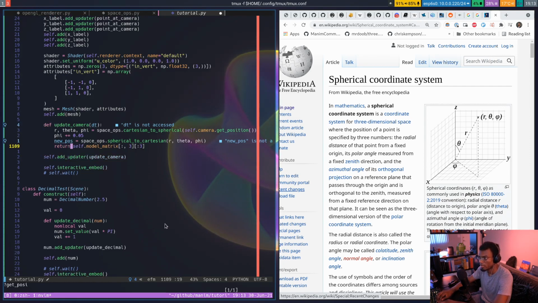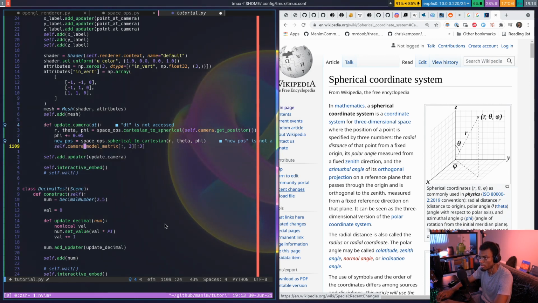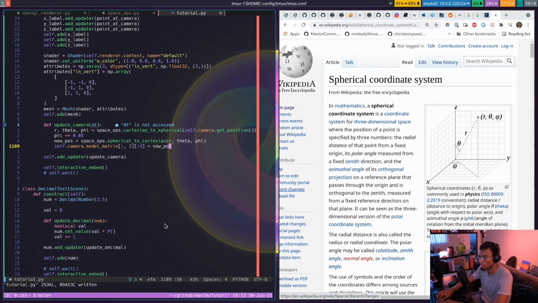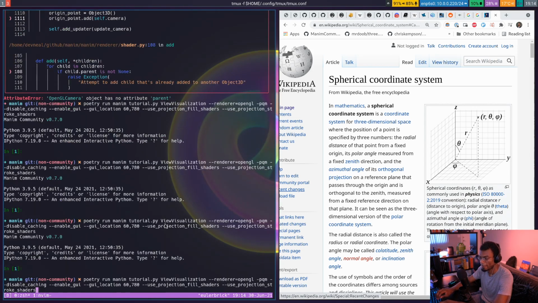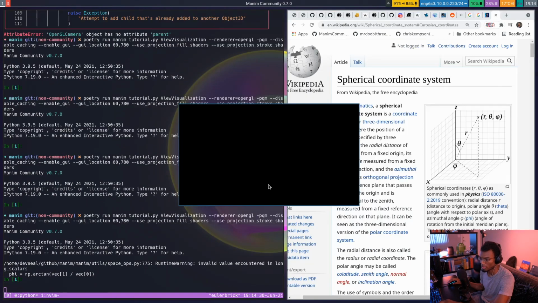This part of the matrix represents the position. So then we can do self.camera model matrix indexed here equals new pose. Maybe. Oh, that didn't work.